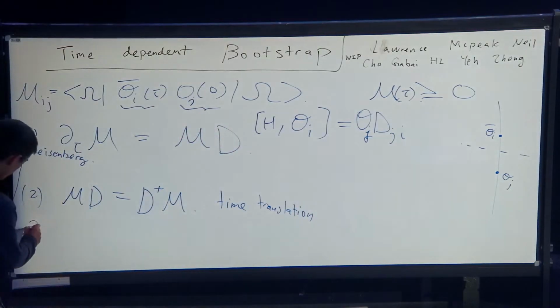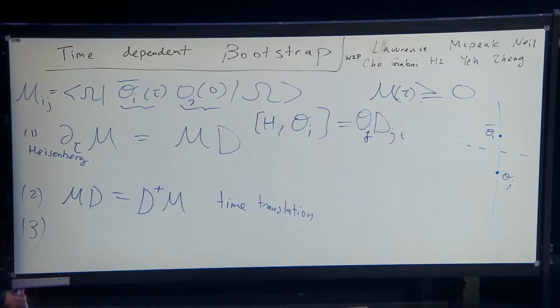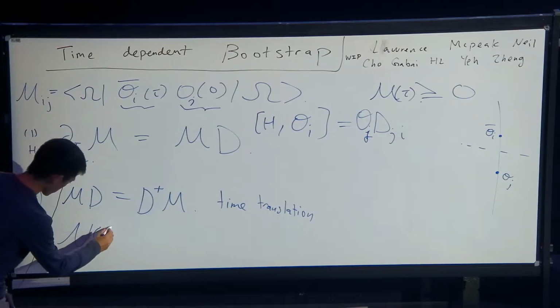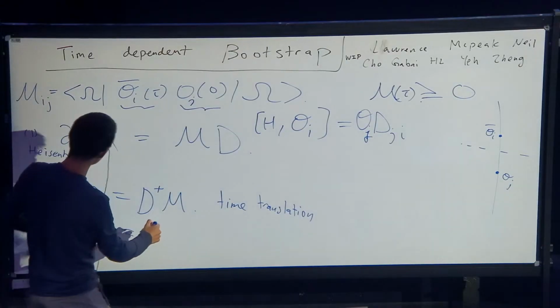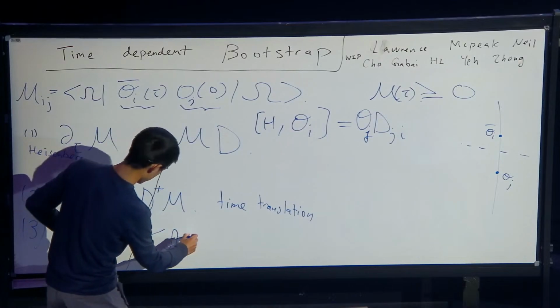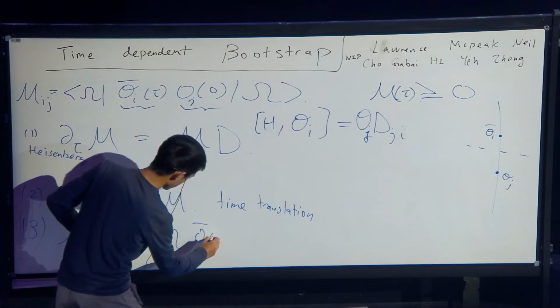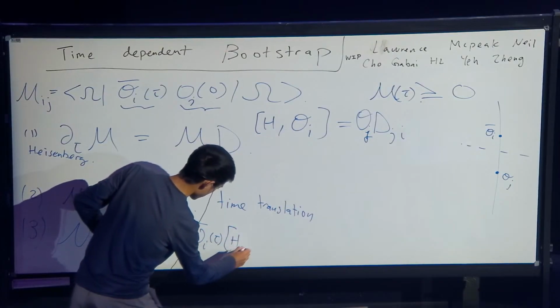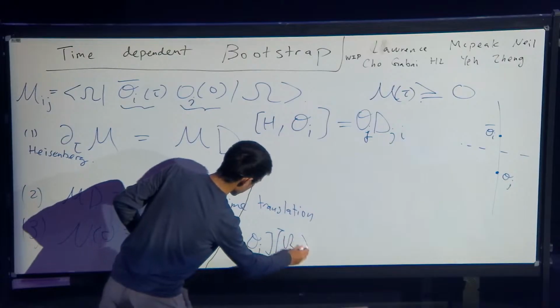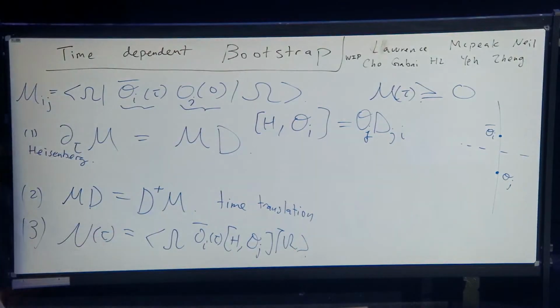Third ingredient, perhaps you can guess. In the ground state, I've been going on and on about this ground state positivity condition, so we're going to impose that as well. We're going to define a matrix N of tau, which is just equal to this matrix that we've written down before.